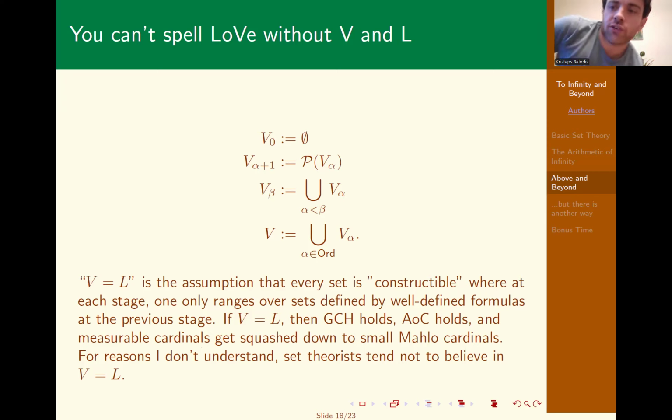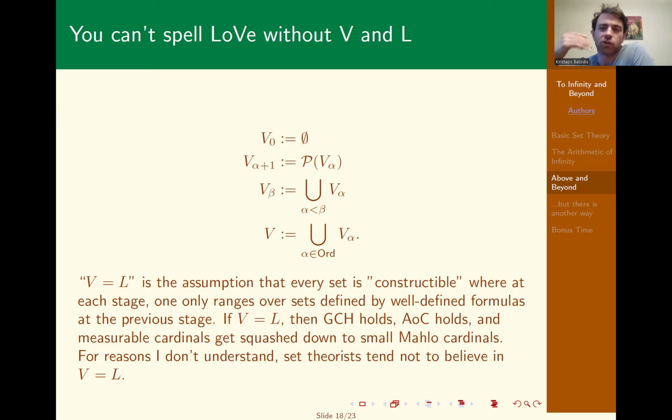I heard that set theorists tend not to like to use this V equals L axiom, which I was surprised by. I'd convinced myself that all mathematicians should believe in a bunch of large cardinal axioms, but as a run-of-the-mill mathematician, perhaps, I was thinking: foundations, we want conservative foundations.